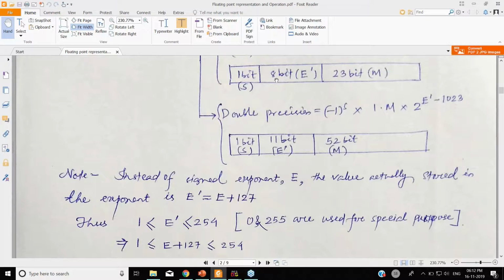If you have an 8-bit binary number, what could be its possible range? It is all zeros to all ones. So what is the value for all zeros? The value is 0. If there are 8 ones, what would be its value? 255.